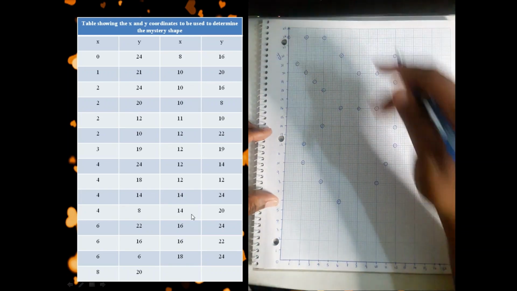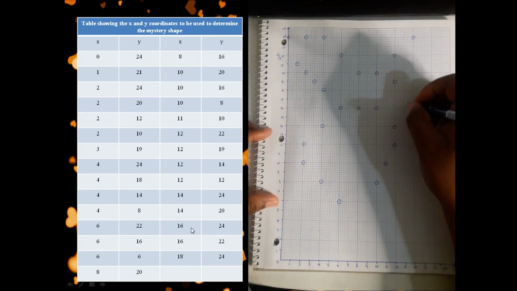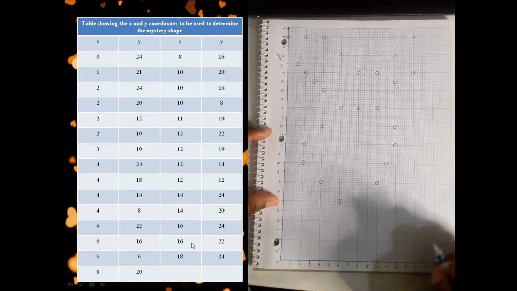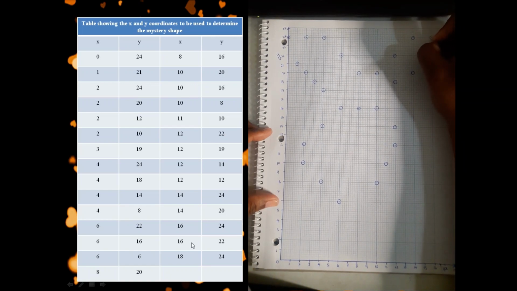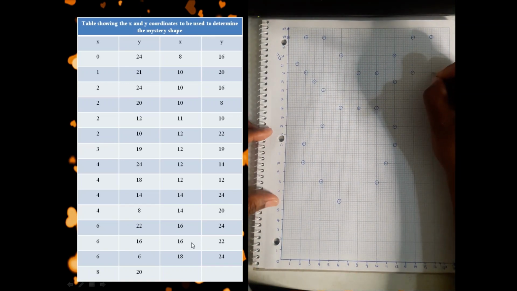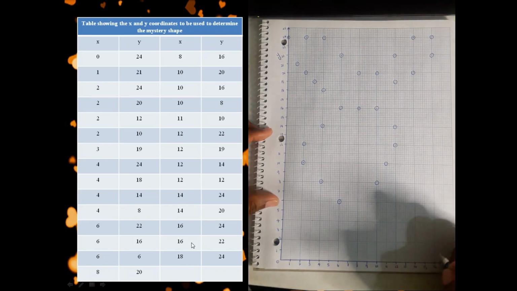Next point, 14 to 24. Next point is 14 to 20. Next point, 16 to 24. So we almost finished. Yay. Next point, 16 to 22. Next point is 18 to 24.